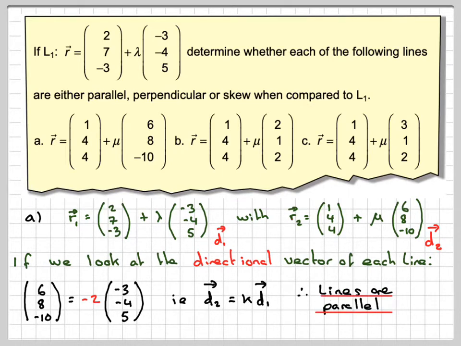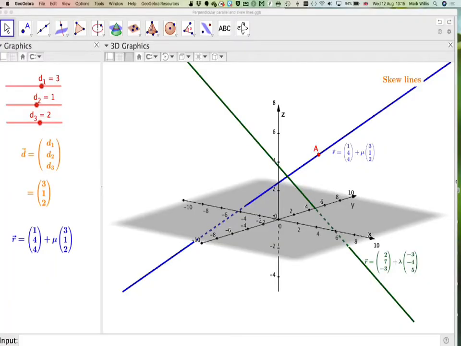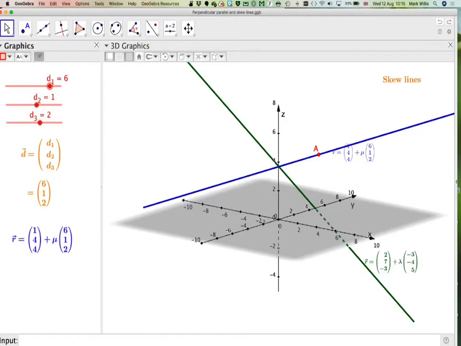Now we can look at that using this GeoGebra applet. Here we have the original line. I need to put the values in correctly first, so I need to change D1 to 6. The GeoGebra applet I will put in the notes of the video.